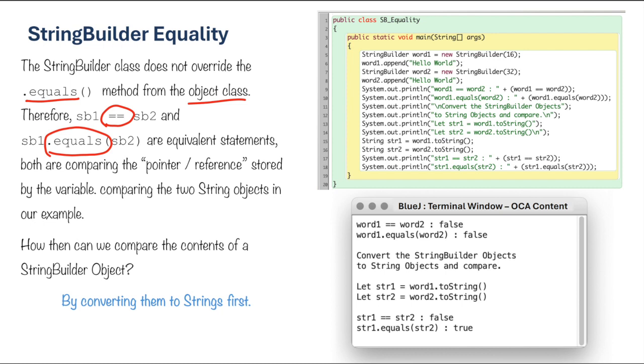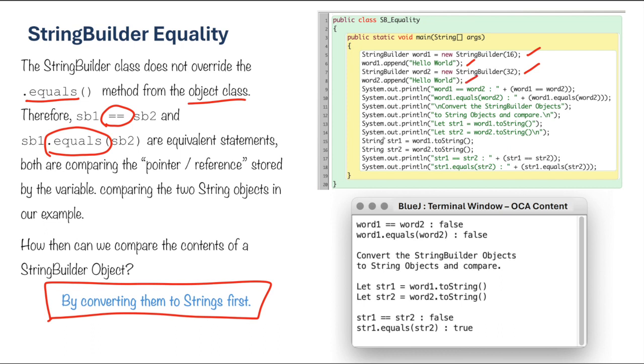However, if we did want to compare the content of the StringBuilder objects, we can convert them to strings first. And I've demonstrated this in the code on the right side here. You'll see that we have word1, a StringBuilder object storing hello world. Word2 is a StringBuilder object with initial capacity of 32, also storing hello world.